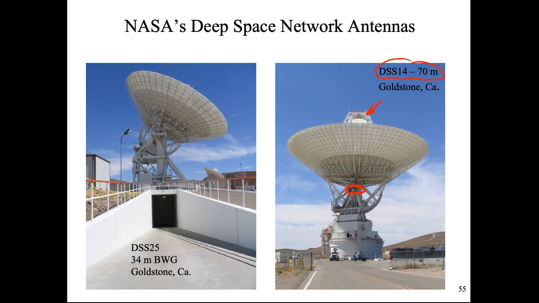Canberra is in Eastern Australia, and it's ESA that has a New Norwich antenna in Western Australia. So they are located more or less at 120 degrees each. This ensures that at least one antenna is in visibility of a deep space probe at every time.